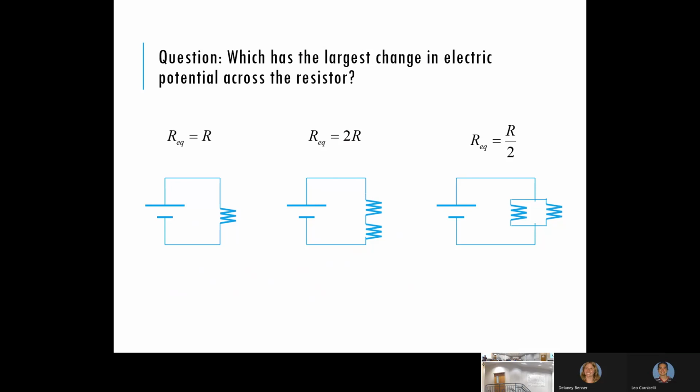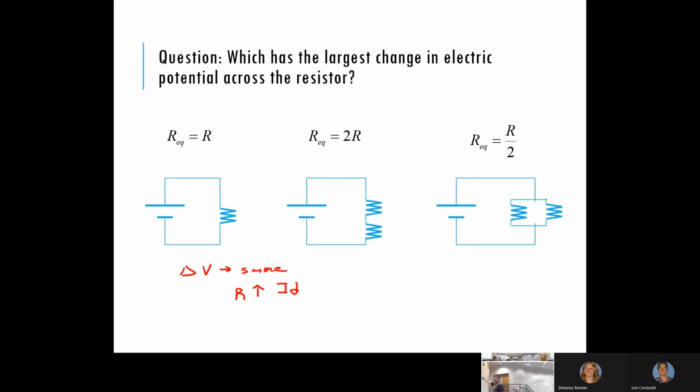Survey says, what's your gut say? Twice. Yeah. Ohm's law, I'll go back to Ohm's law here. If the delta V's are the same, that means as the resistance increases, the current decreases by the exact same amount.